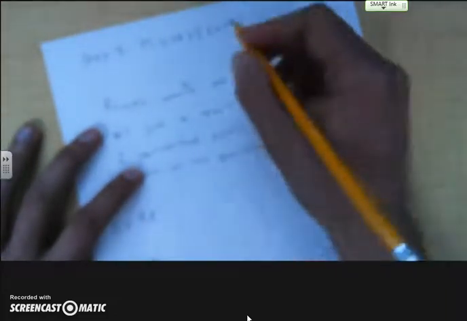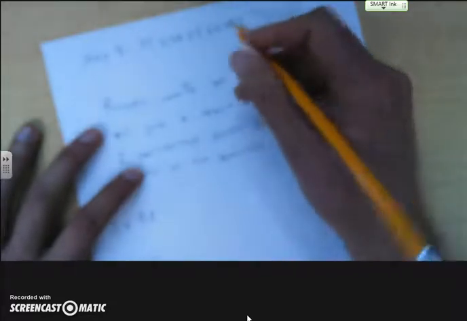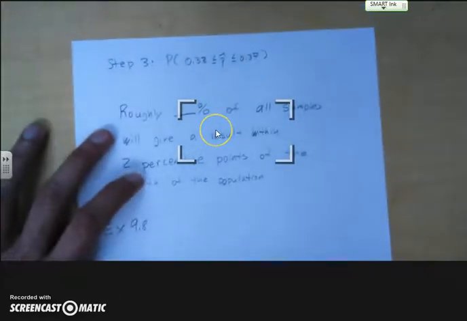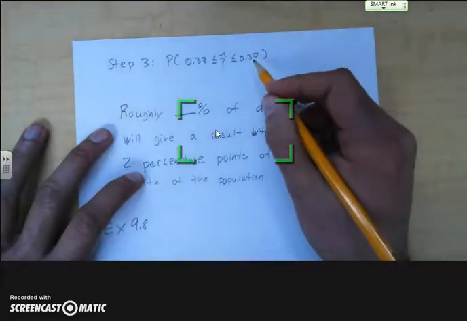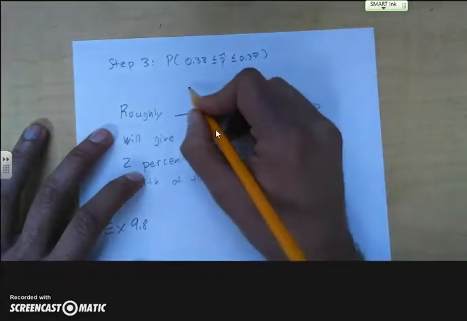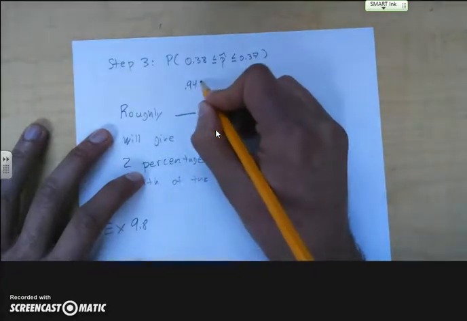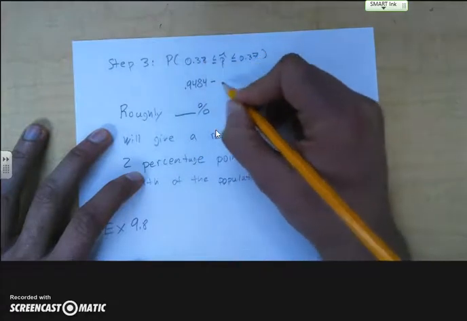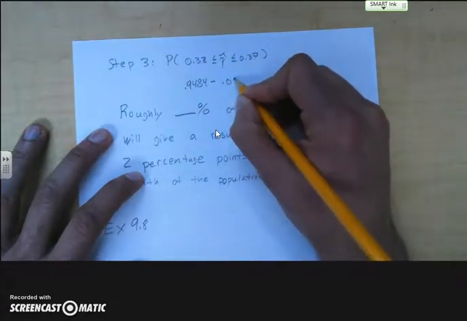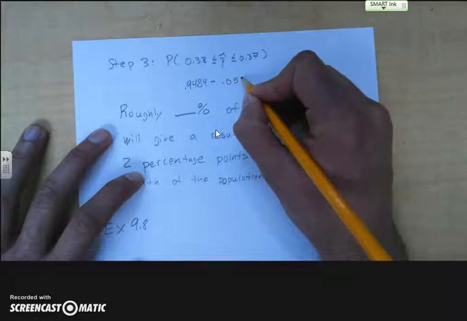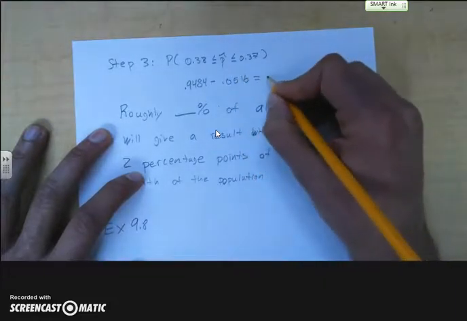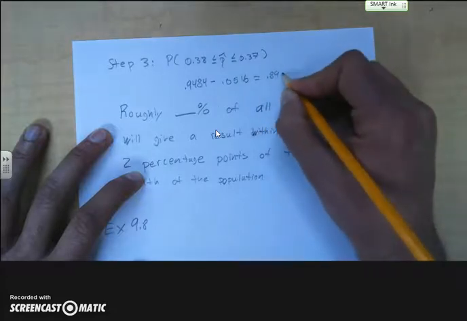Now if you look on table A, when we do this value here, we get this as our answer. And then when we do this one here, we get about 5% as our answer. Now when you subtract those, you get a number that's roughly about 90%.